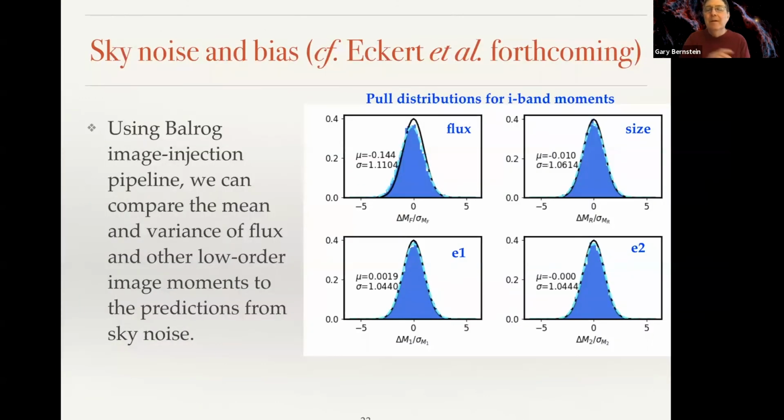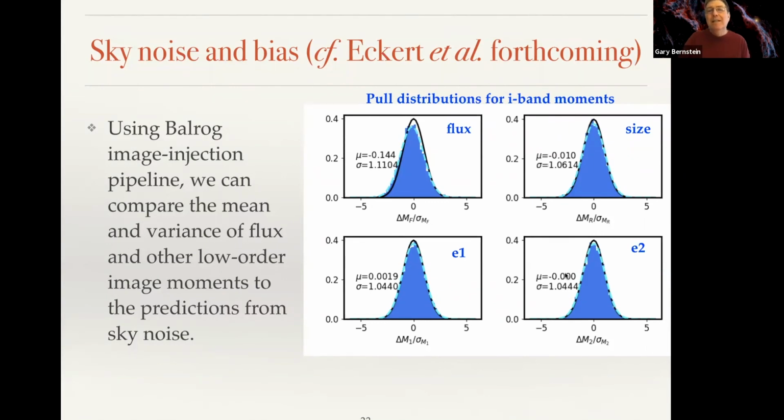Okay. The last thing that I'll just mention and not explain is a paper that we'll have coming out soon, which is that we used Balrog, which is the trademarked name of the DES source injection software, to compare the measured to truth for the flux and some low order moments of galaxies that are injected and then run through the whole pipeline, including SExtractor sky subtraction.